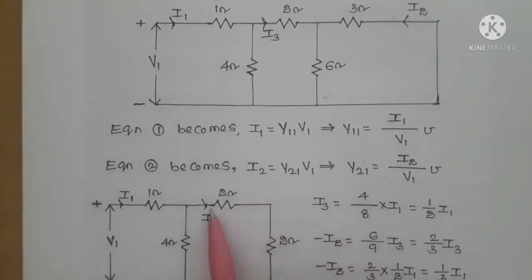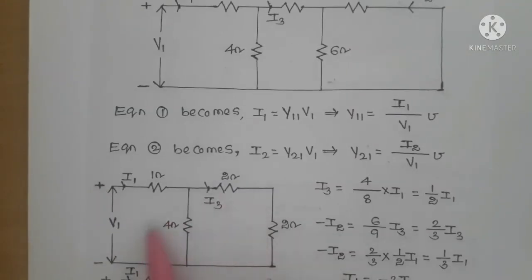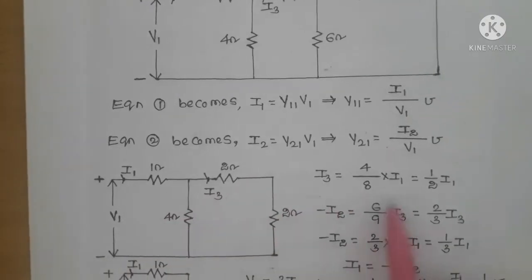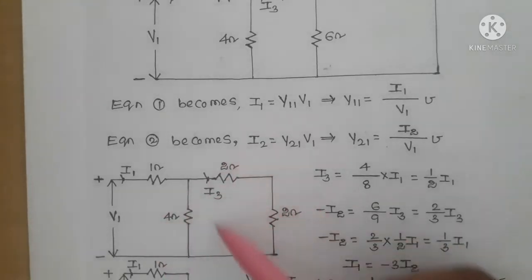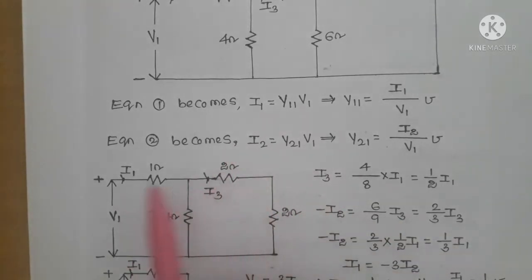Now we can write I3 as a function of I1 by using the current division rule. Here I1 is the current coming to this node, and I1 is divided into this 4 ohm branch and this other 4 ohm branch. So this branch is 4 ohms and this branch is also 4 ohms, so I3 becomes I1 by 2.